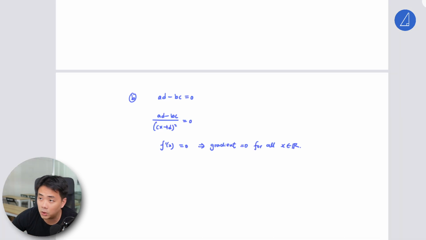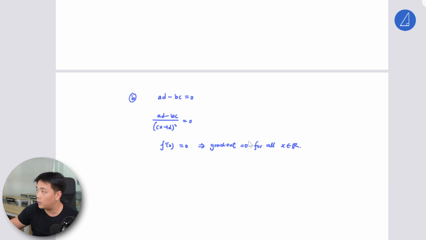What we can deduce is the gradient is always 0 for all real values of x. Very likely it's a horizontal line.